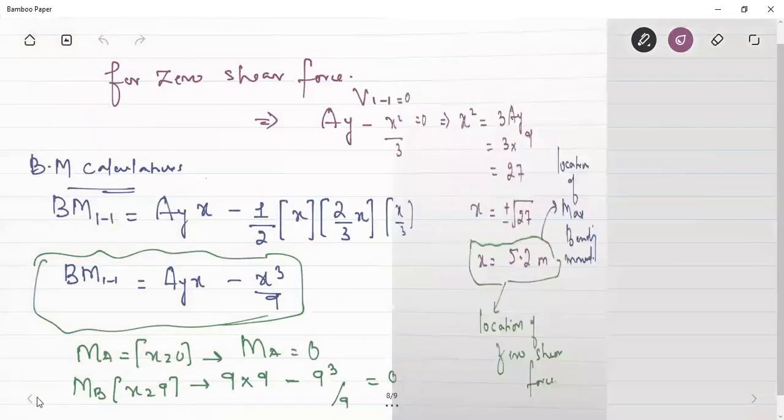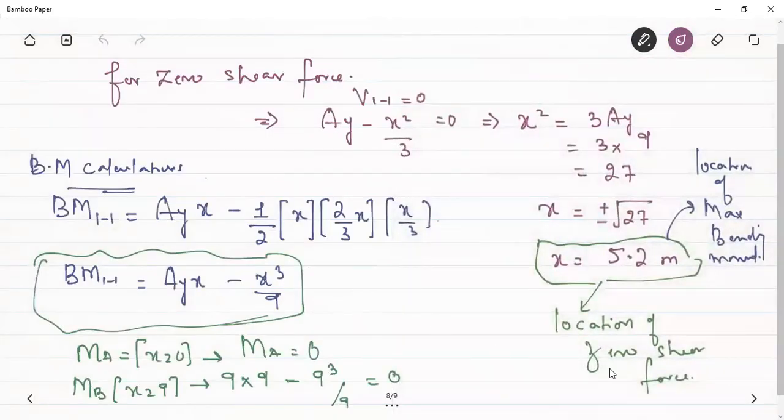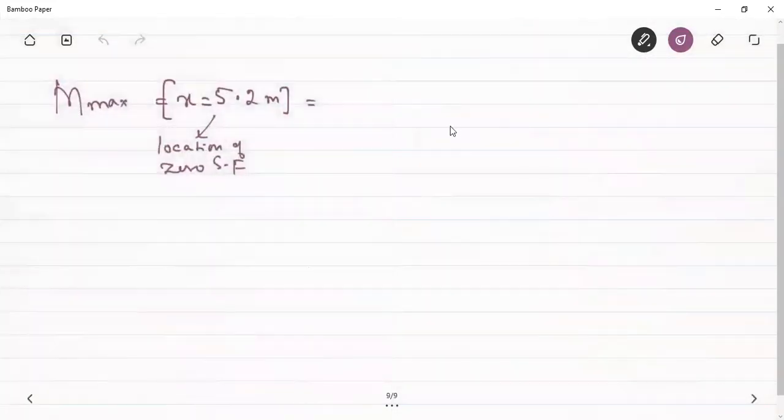So the bending moment equation is equal to Ay x minus x cube by 9. Substituting Ay equal to 9 and x equal to 5.2, at this location the bending moment will be maximum.